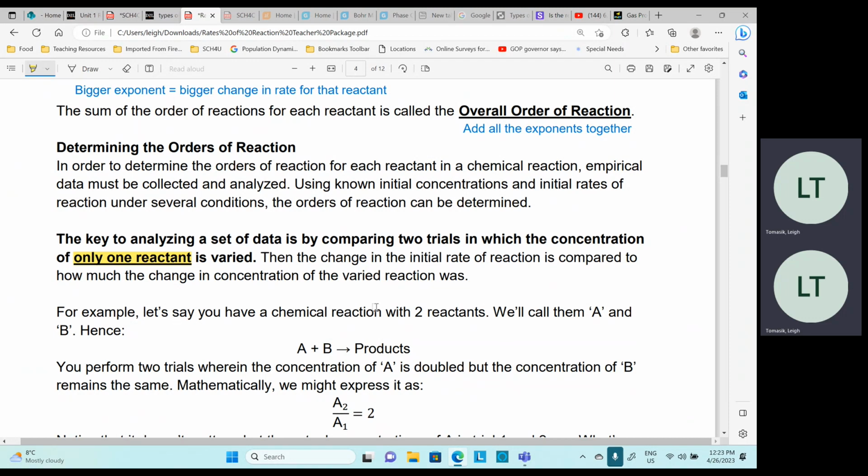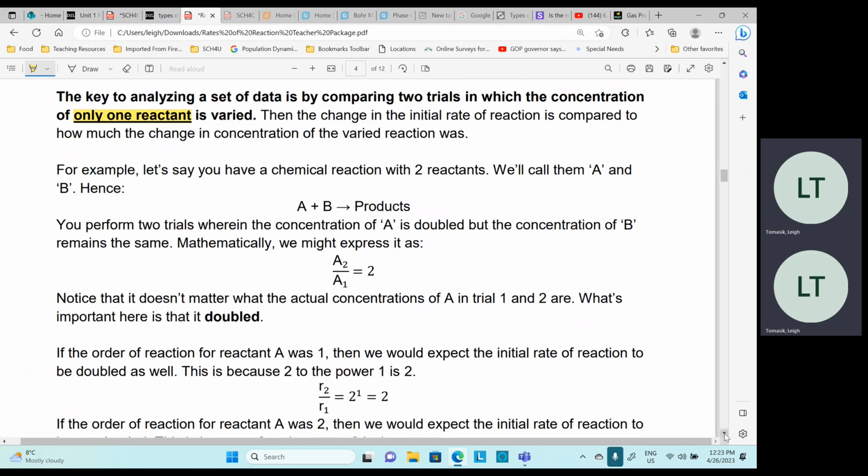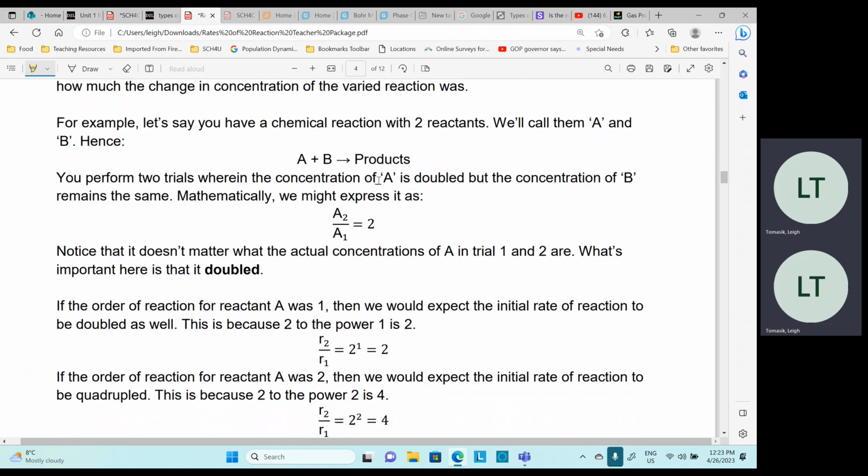For example, say you have a chemical reaction with two reactants, we'll call them A and B. So we have A plus B equals some sort of products. You perform two trials wherein A is doubled but the concentration of B remains the same. If B remains the same, we know that any increase in rate was not due to B. Mathematically, A is doubled in one of the experiments.